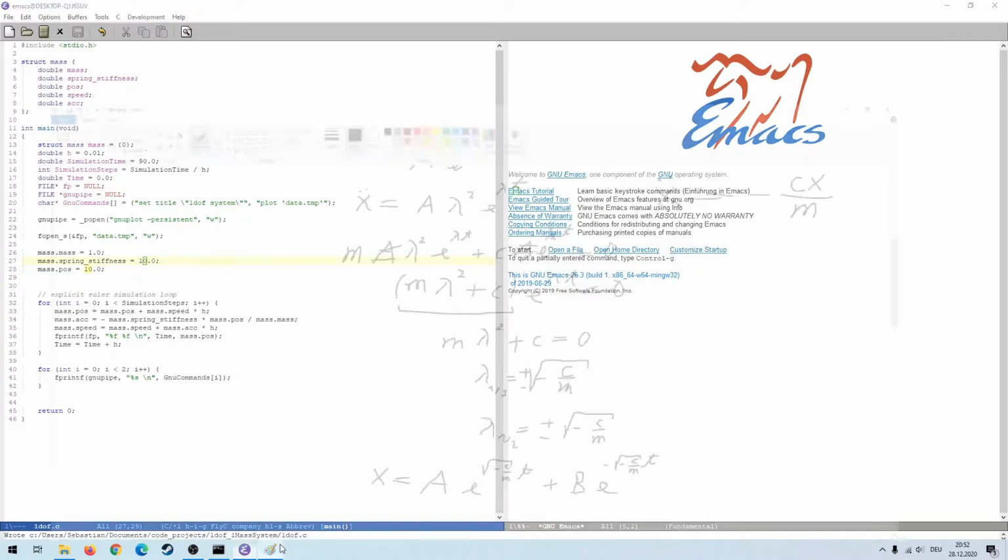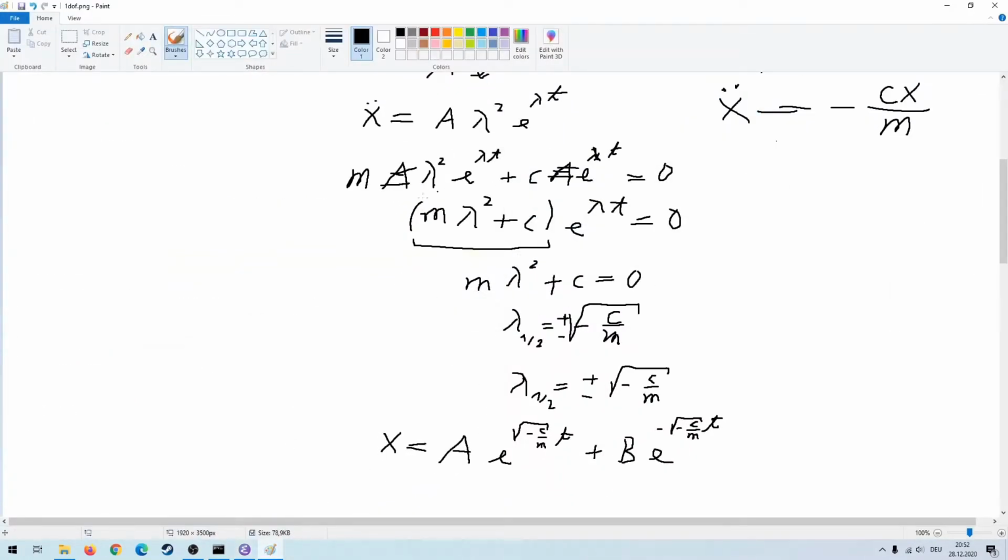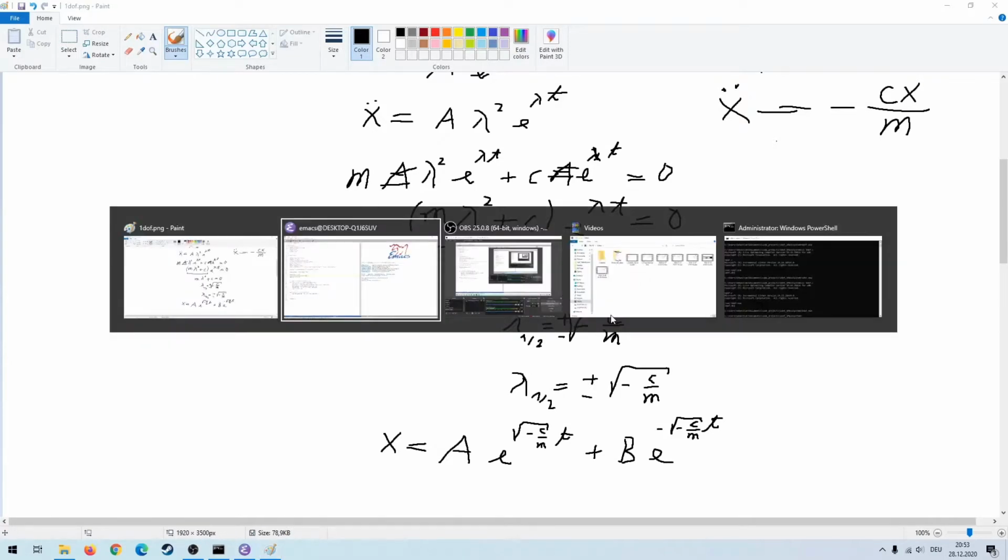So now that we have verified our program and everything is actually working, we can have a look at a few phenomena. For example, if we take a look at our analytic solution, we can take a look at this expression, which is square root of minus spring stiffness divided by the mass. And this expression actually describes the frequency with which the system oscillates. So, for example, if we reduce the spring stiffness, we would expect the frequency of the system to also be way lower.